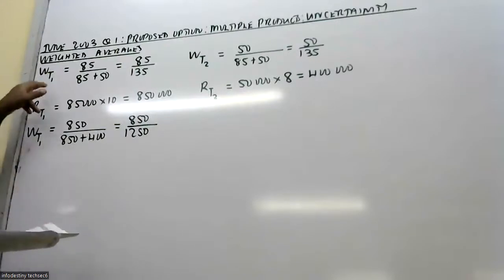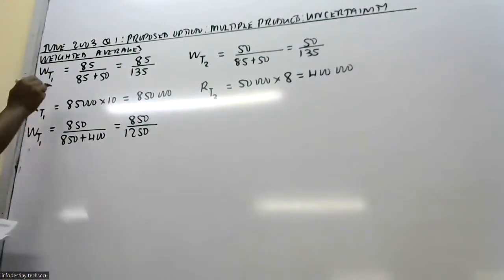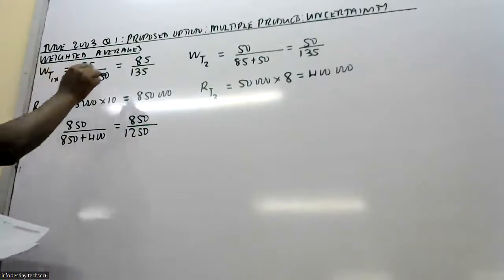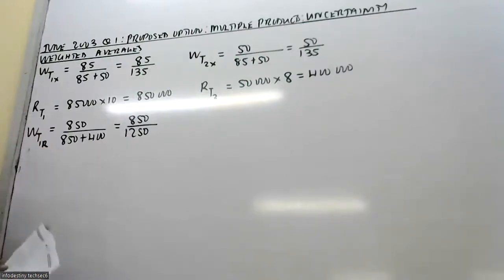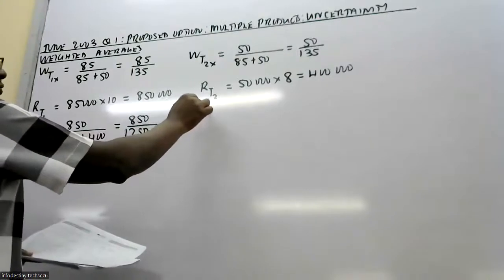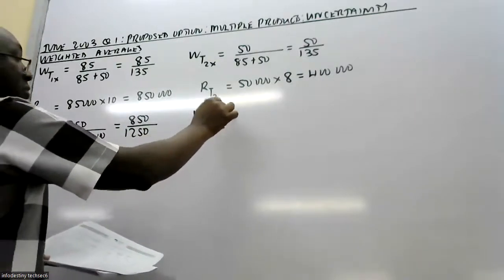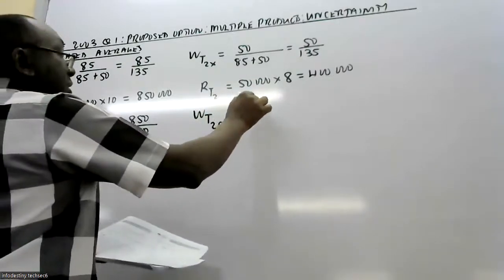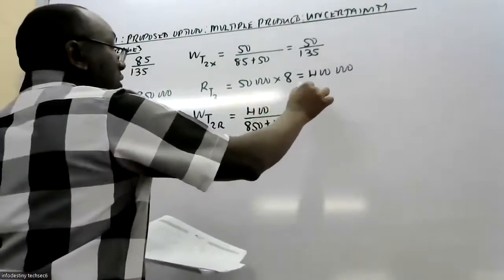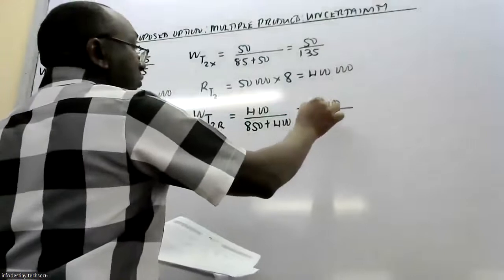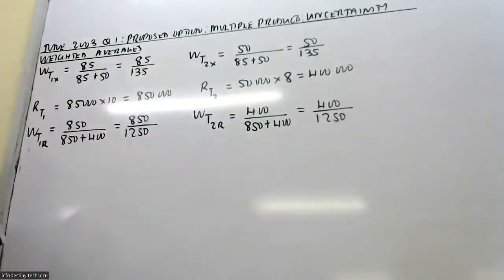This first group of weights were in units; maybe you can label them T1X and T2X. This is in terms of revenue. Then the weight of T2 in revenue will be 400 out of 850 plus 400, so this will be 400 out of 1250.